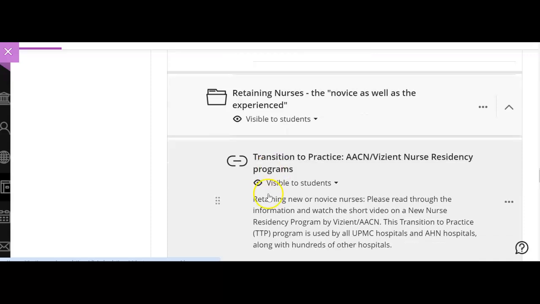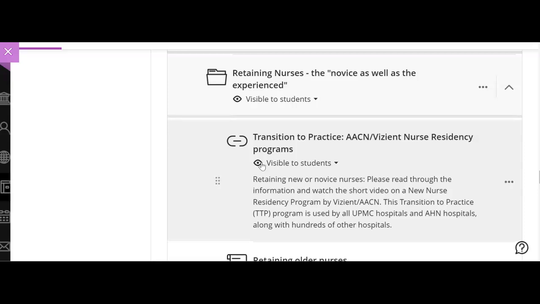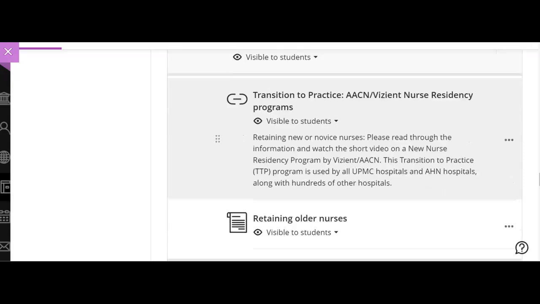You can read information about these nurse residency programs, and as many of you know, how they go about retaining new or novice nurses, and the benefits of nurse residency programs. I just heard of one healthcare system locally that has decreased the length of nurse residency programs, and I was saddened to hear about that.